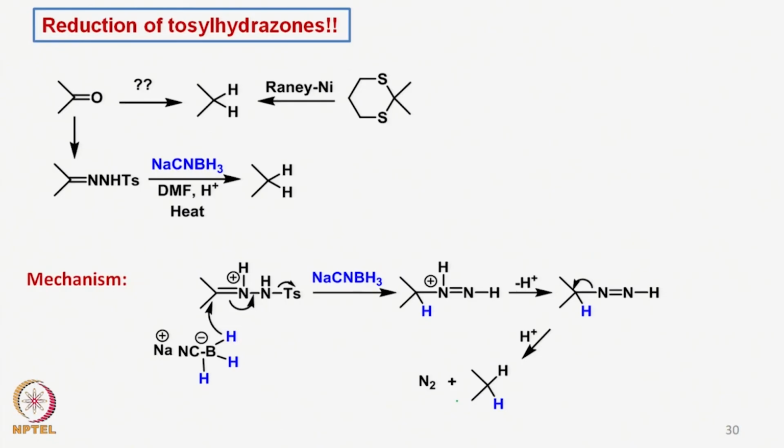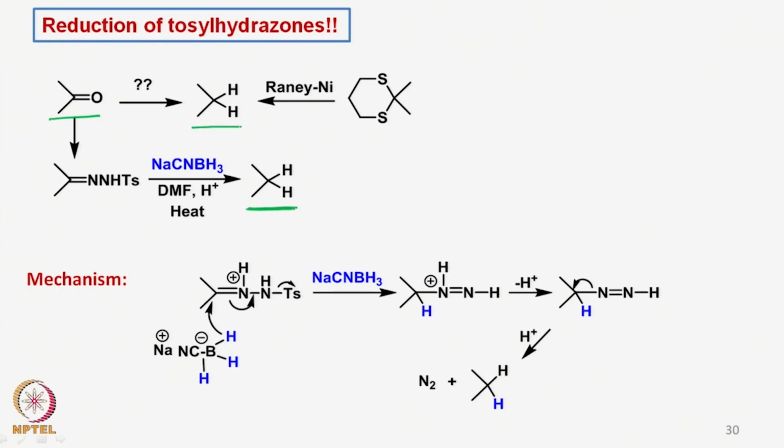It is an interesting way of converting a carbonyl group to a saturated molecule like this hydrocarbon here. What are the ways by which such a reduction can be done?